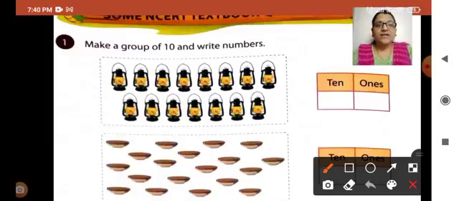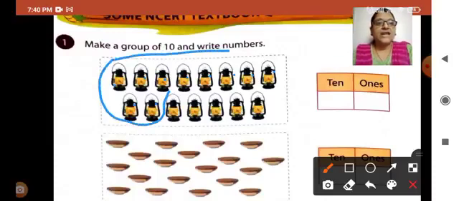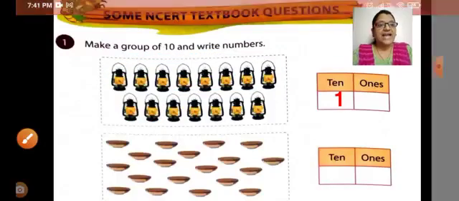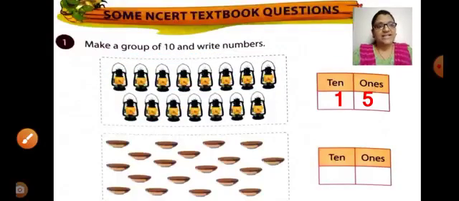So, we will make a group of 10 lamps first. 1, 2, 3, 4, 5, 6, 7, 8, 9, 10. Hence, we will make a group of 10 lamps here. And how many lamps are left? 5. So, we see it as 1 ten, 5 ones. We will write it as 1 ten, 5 ones. That is 15.